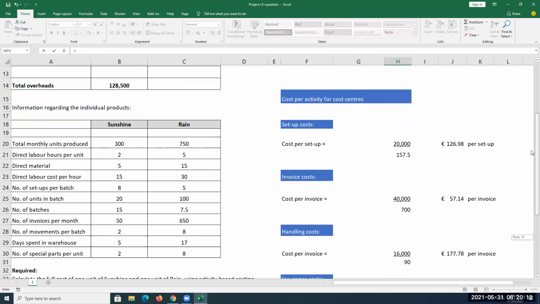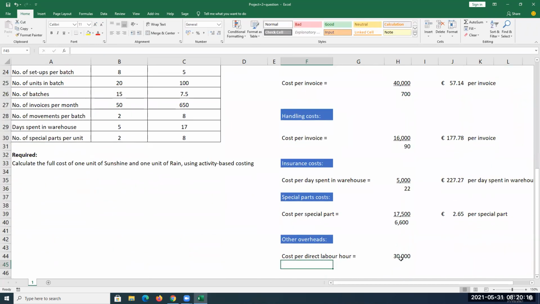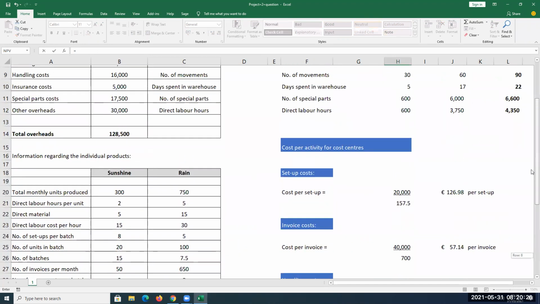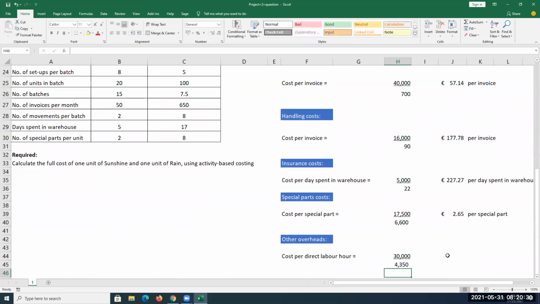So other overheads, total cost 30,000 euro divided by total number of direct labor hours that we calculated. So we calculated 4,350 direct labor hours total. So this is the cost per direct labor hour. So €6.90 per direct labor hour.